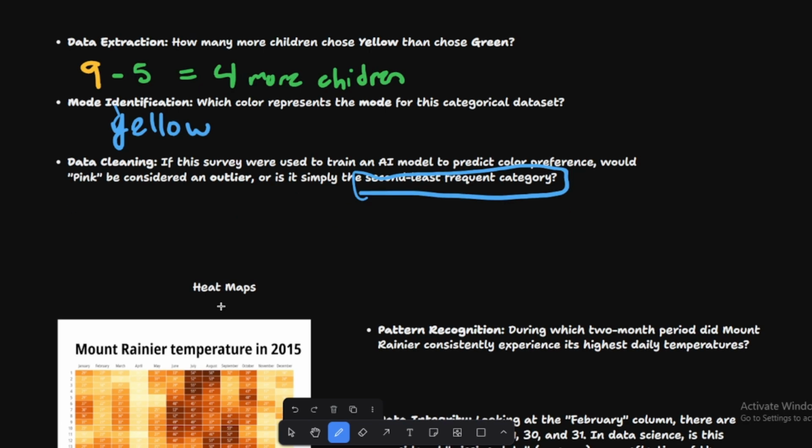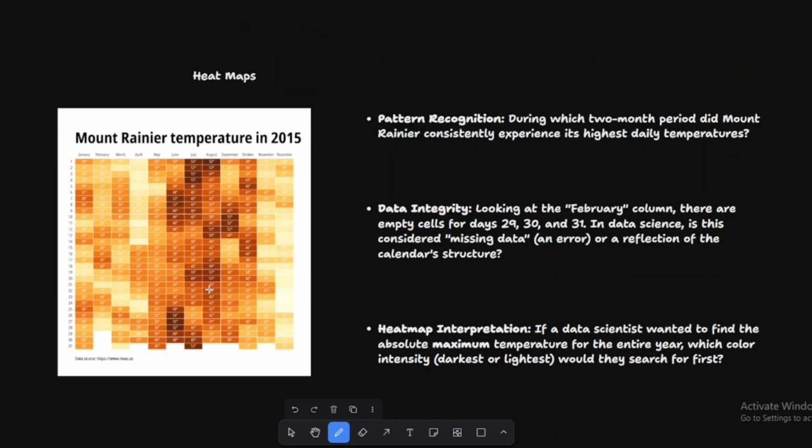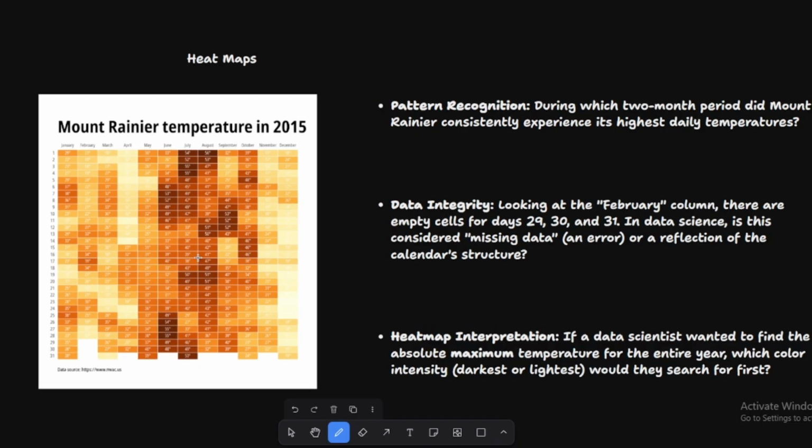Let's move on to heat maps. These may look a little confusing, but they basically compare magnitudes between two separate variables. For example, you have the month and you have the day. Let's do some analysis on this, but before I do that, I wanted to briefly go over what these colors actually mean.